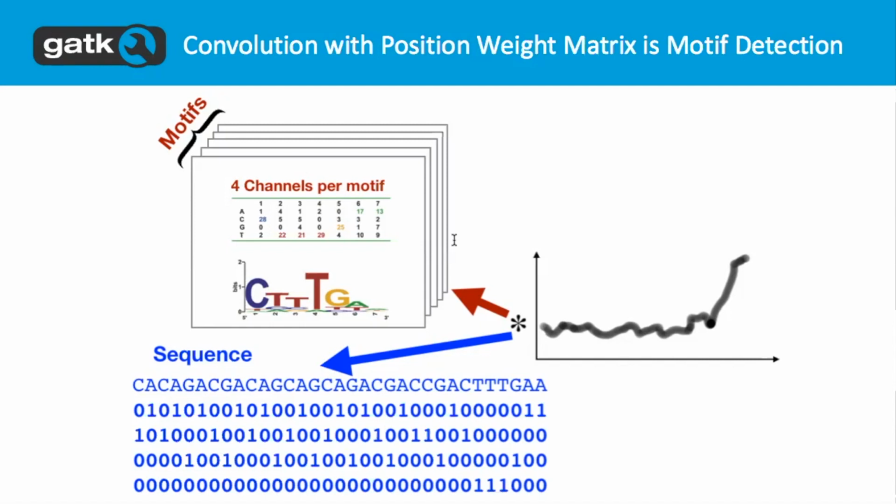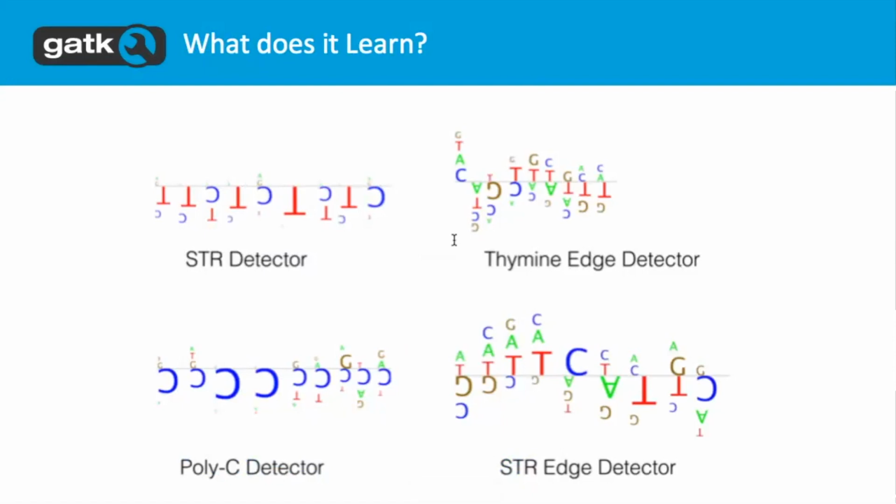So the basic idea is that that's how we can encode our reference and apply the neural network convolutions to that. So the motif is derived from the samples, and the sequence is the reference sequence?